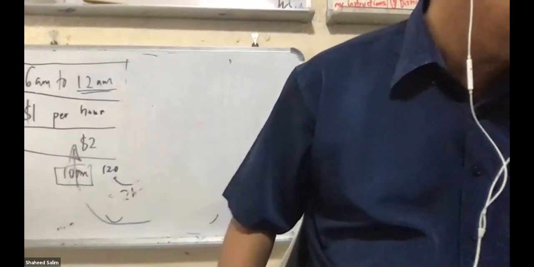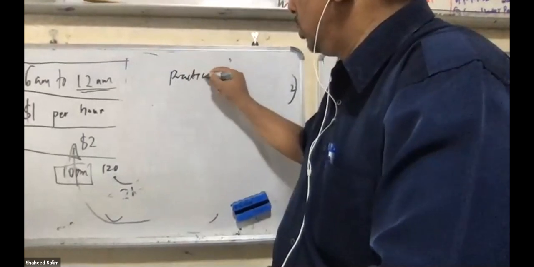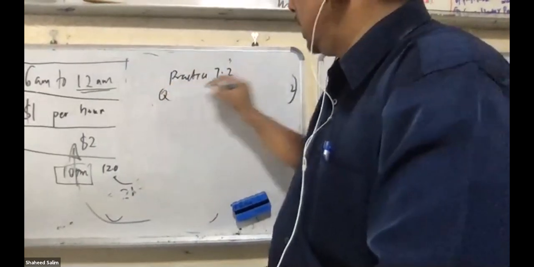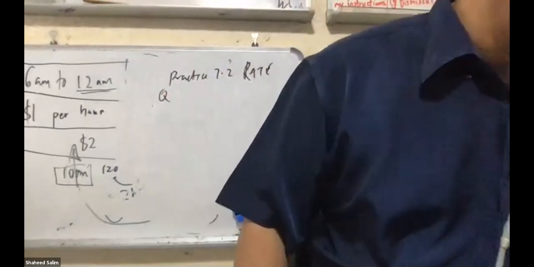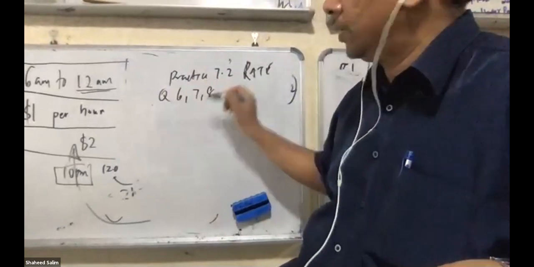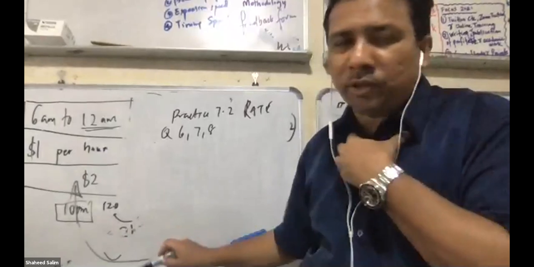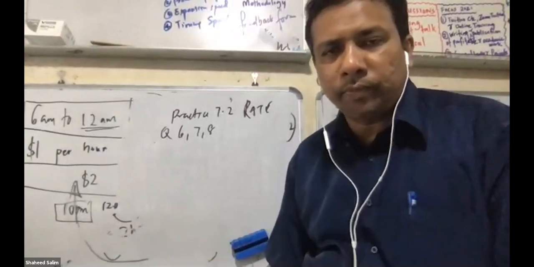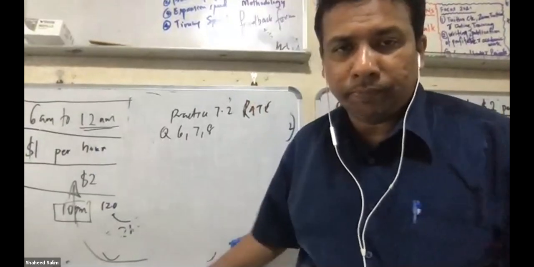Okay, practice 7.2, questions 6, 7, 8. You complete questions 6, 7, 8. Then we will go through. And do you have any topics you want me to go through with you next week? Anything? No. You leave it to me.